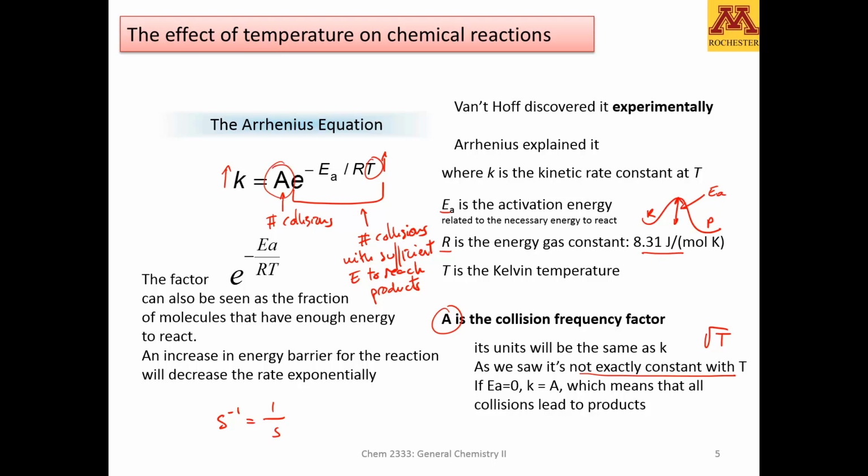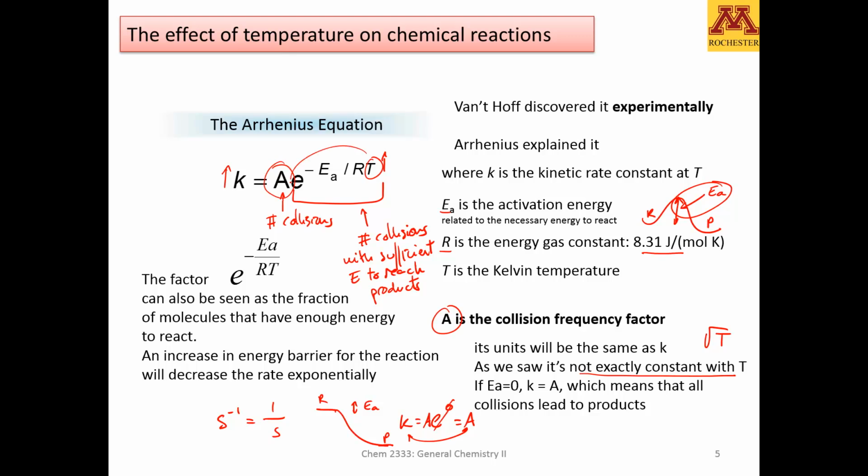Therefore, if you have a zero barrier, so there would be no activation energy, the exponent in the Arrhenius equation is 0, therefore this is 1. This means all collisions, because A tells us the number of collisions, reach products.